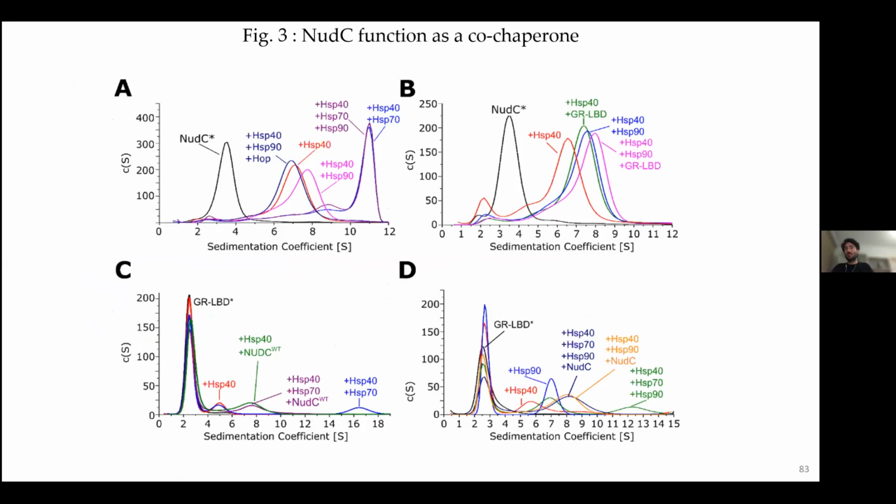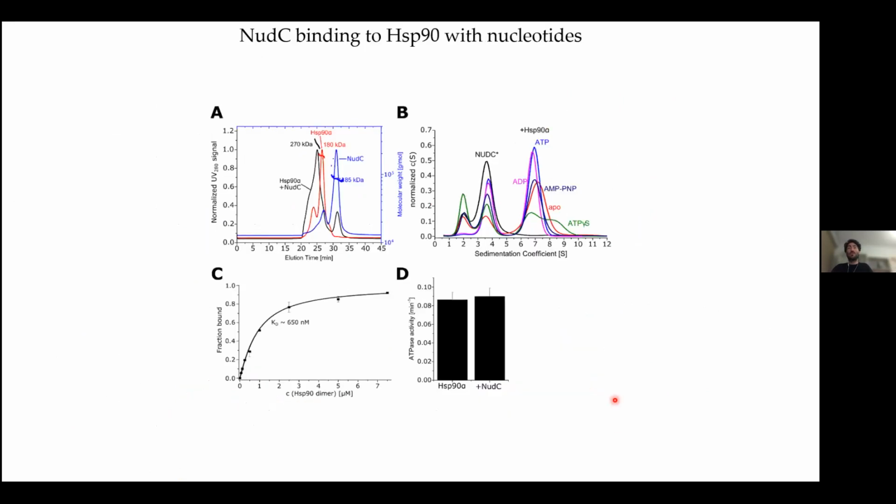The presence of Nazi does not change the ATPase hydrolysis, and it does not lock Hsp90 in a closed conformation, and so on, which is what would trigger allosteric effects. So Nazi seems to not really influence Hsp90, which alleviates all these allosteric effects that we could see and that would really pollute our NMR spectrum.